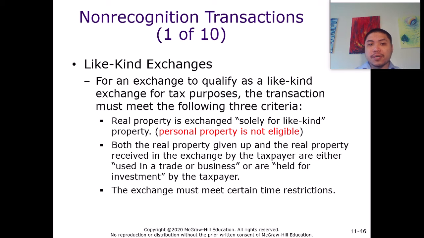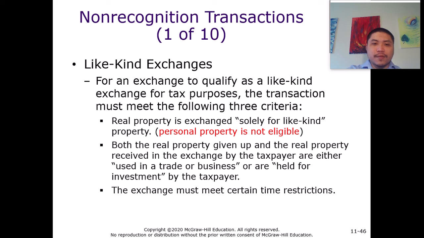For those kinds of transactions, the IRS also allows taxpayers to postpone the recognition of gain as well, right? So those are the few scenarios where the IRS allows taxpayers to defer the recognition of a gain, and we're going to talk about each of those scenarios.